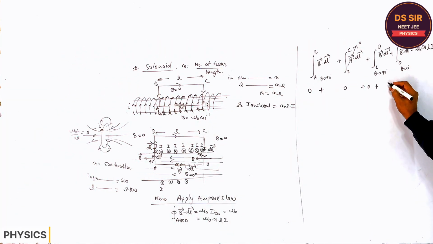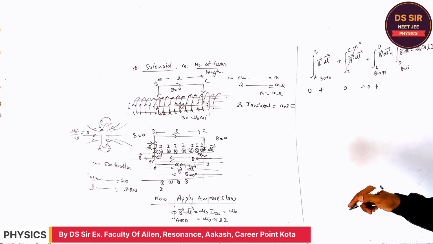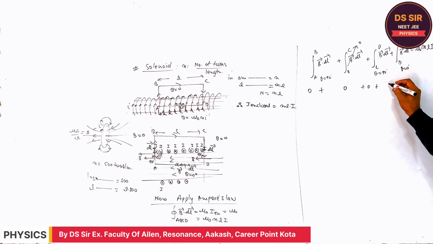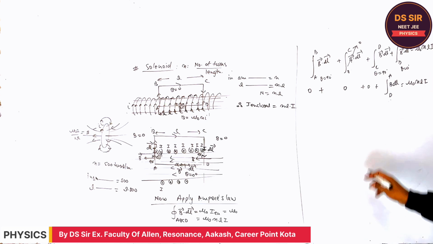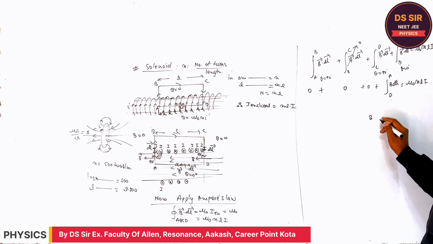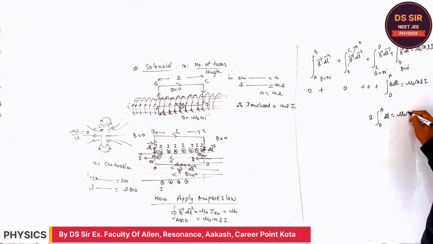If theta is 0, then B dl cos 0, and cos 0 is 1. So the integral of B dl from D to A is equal to mu naught n L I. B comes out of the integration because it is constant. Mu naught n L I. Is it fine?